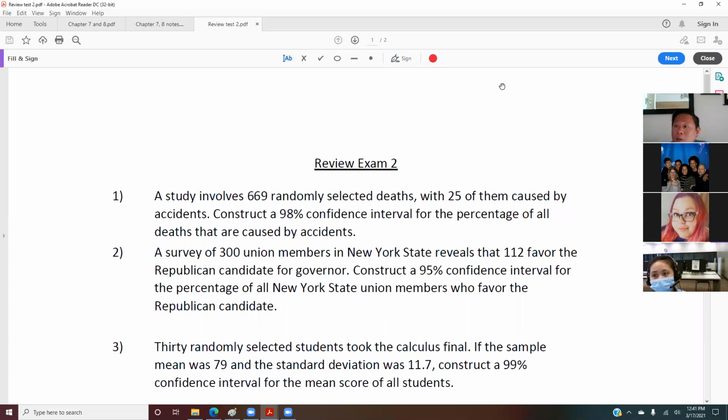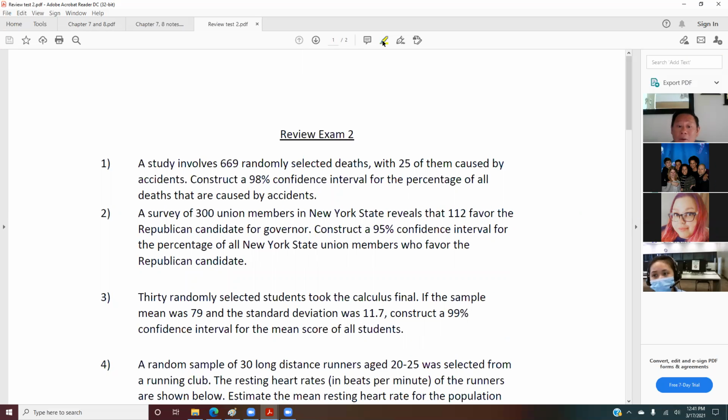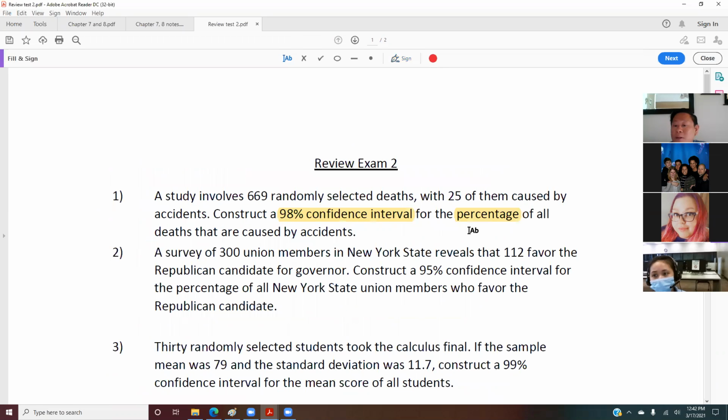So again, this is what you do when you do my test, my finals. The first keywords are the words confidence interval and the word percentage. Those are the keywords I'm looking for. Percentage is the same thing as what?